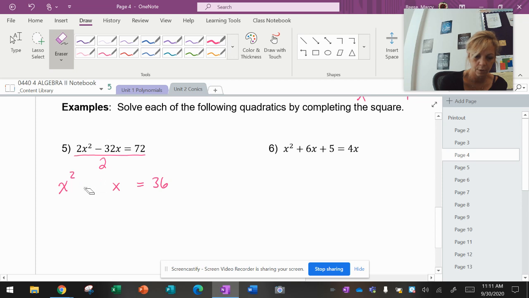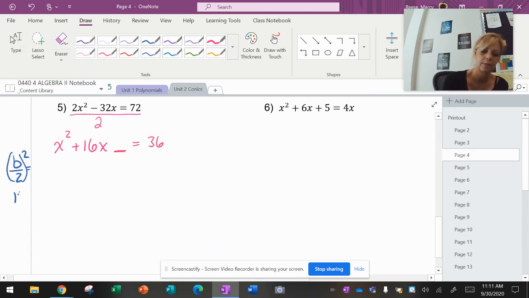You know what I'm going to do? I'm going to add some space here, because this is what I've got to get. I've got to get a perfect square trinomial here. Okay? So the c value is already on the other side. I'm going to take the b value, divided by 2, and then I'm going to square it. So my 16 divided by 2 is 8, and I'm going to square that, and I'm going to get 64.